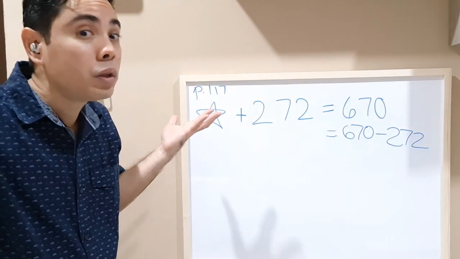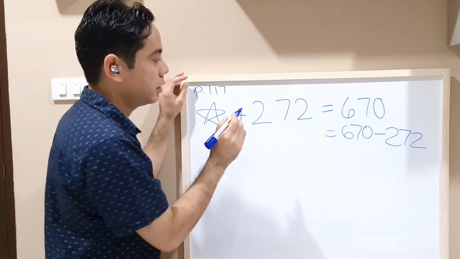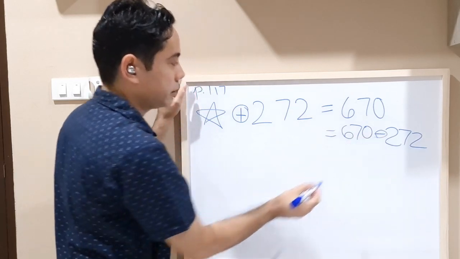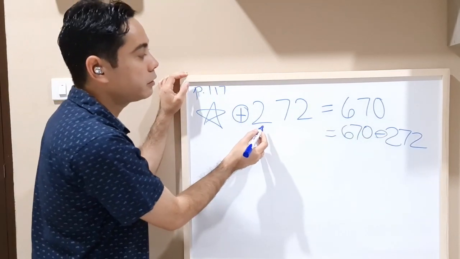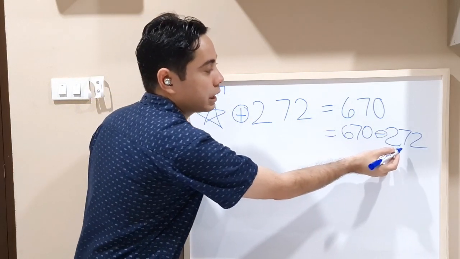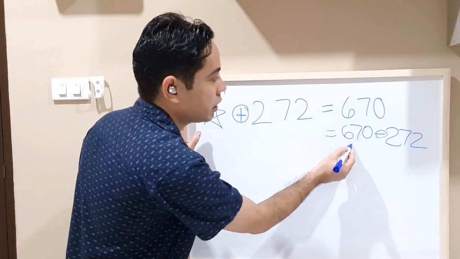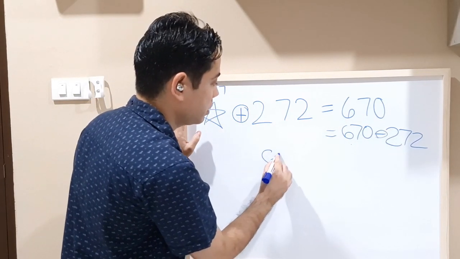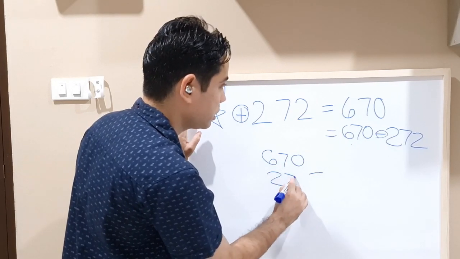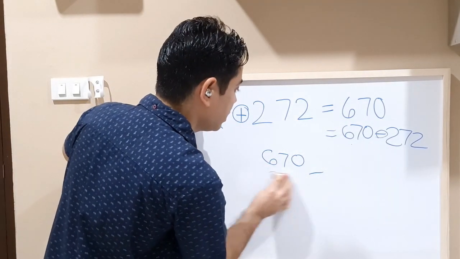Now, what would be the number? First, we will subtract. The positive will become negative. So positive 272 is now negative 272. So we can subtract. We can write this here: 670 minus 272.